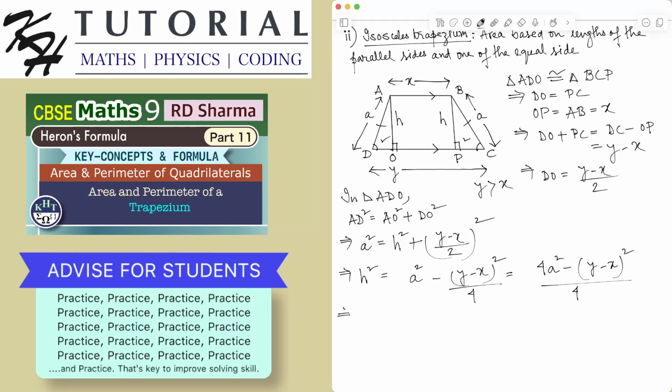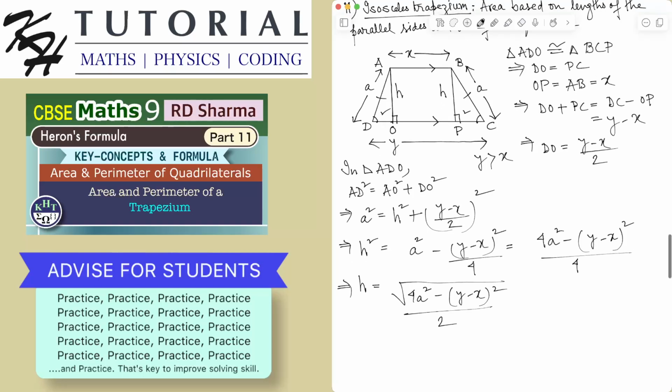So h will be equal to square root of 4a square minus the difference in length of the two parallel sides, which is (y minus x) square, and whole divided by 2.